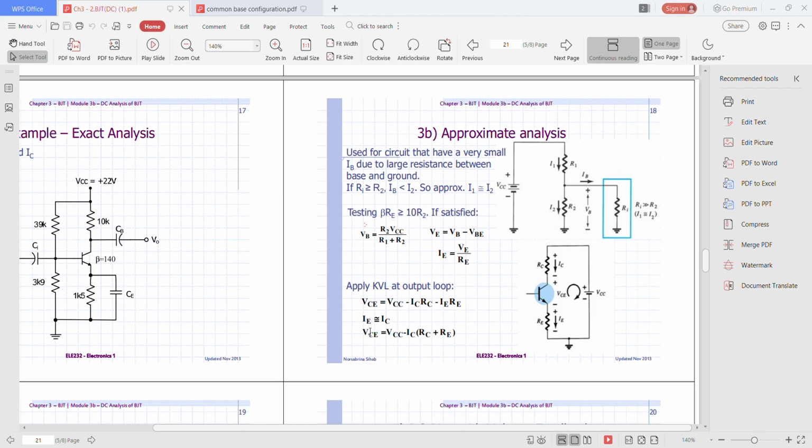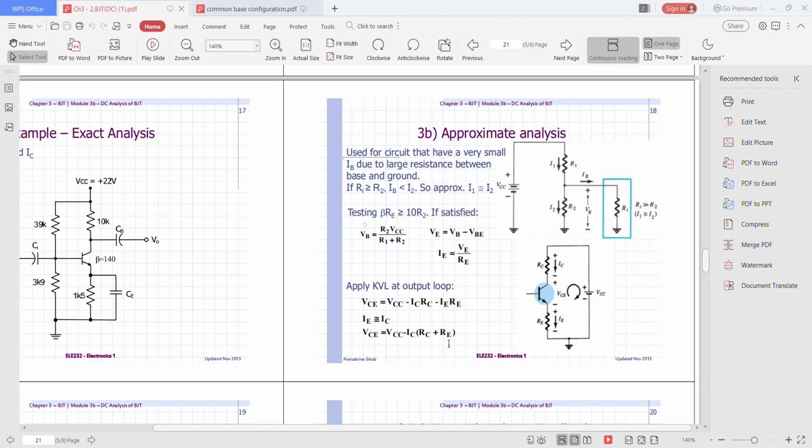Since we know that IE is approximately equal to IC, by substituting IE equals IC, you will get VCE equals VCC minus IC in bracket RC plus RE. This is after you have simplified the equation.